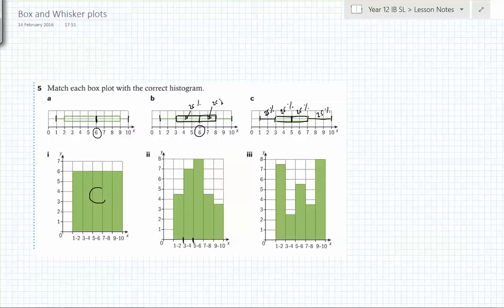So what does that suggest? That the median's at 6 a lot. But the median is 6 here as well. The data is less spread out from the quartile, so this one is less spread out in the box.